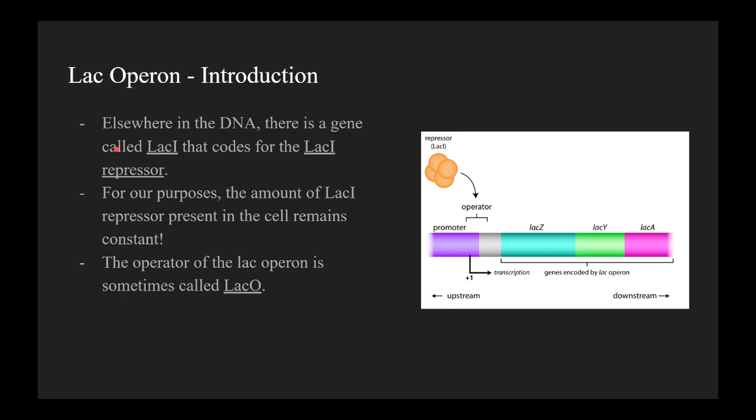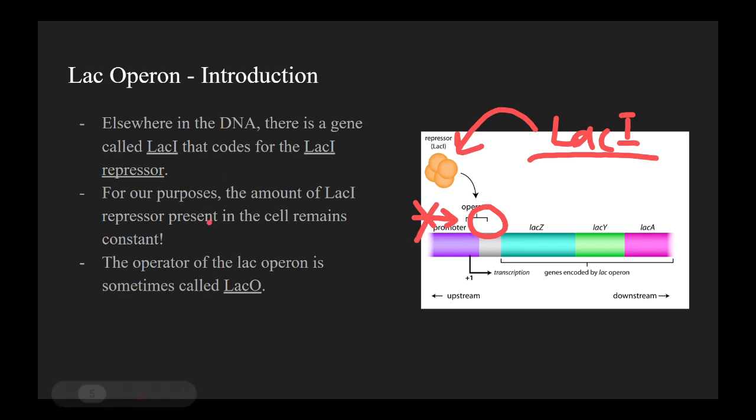Elsewhere in the DNA, not within the operon, we also have a separate gene. Let's say somewhere else we have this gene here, LAC-I. This is also related to the operon, but not directly physically inside the operon. This gene codes for the repressor protein that we talked about, the repressor that can bind to the operator here to inhibit transcription of the lac genes.